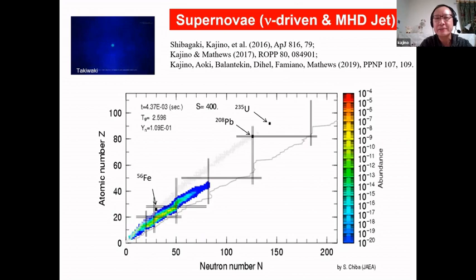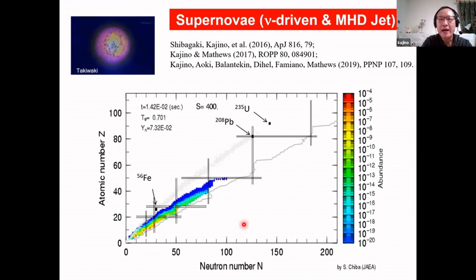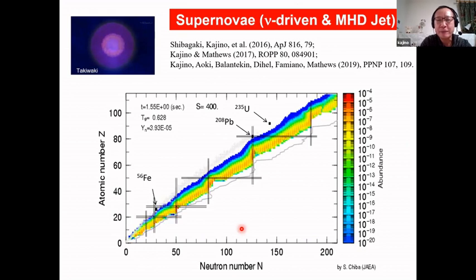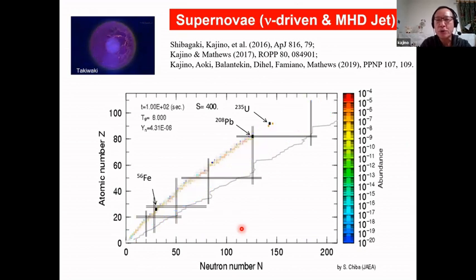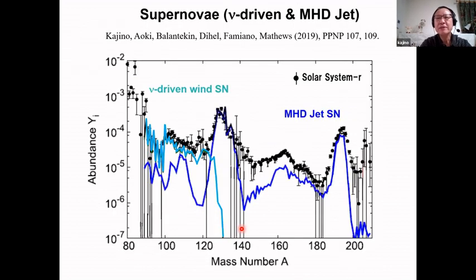First is the supernovae, leaving a neutron star as a remnant. Here we show one example of r-process nucleosynthesis in a couple of seconds after the collapse and explosion. Heavy elements are created, and this is the result. The neutron-driven wind supernova is known not to contribute to the second or third r-process peak.